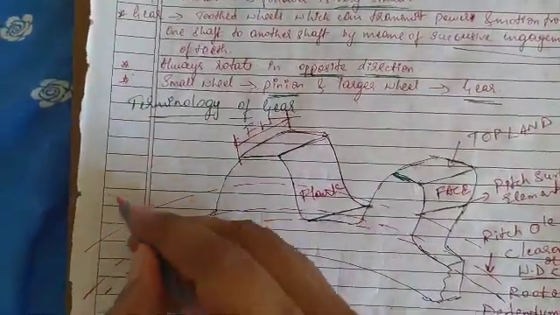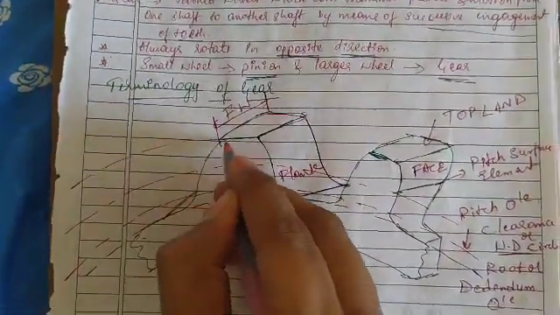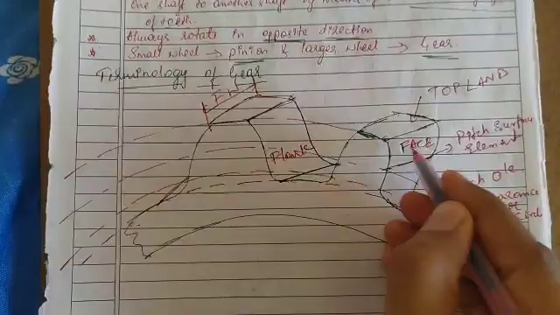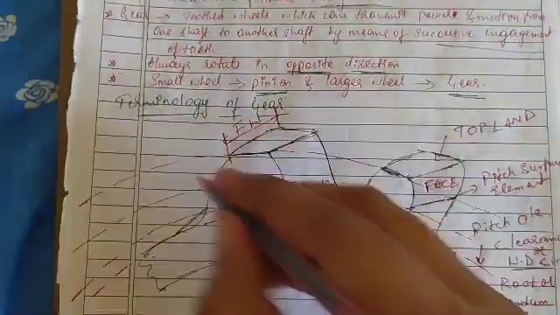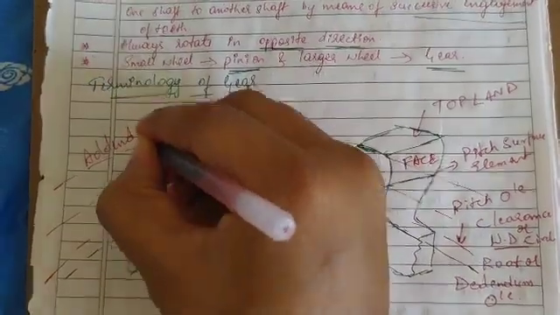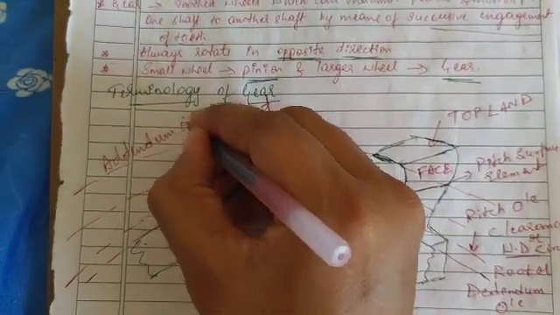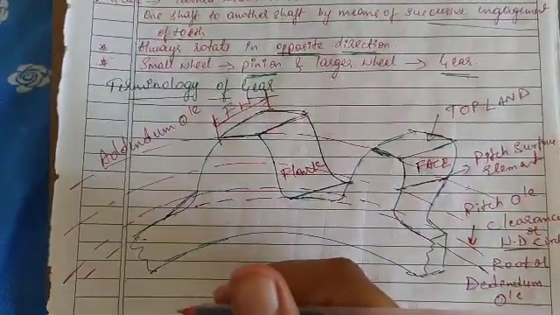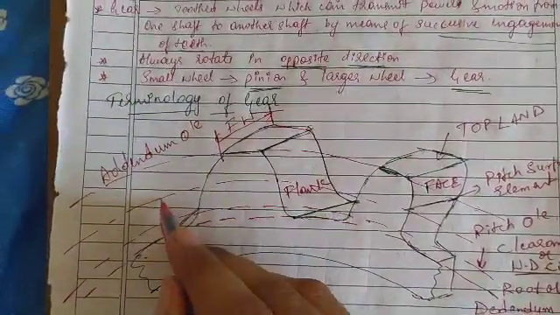Now I have to write an addendum circle here that touches the top. This is the addendum circle. This is the pitch circle.